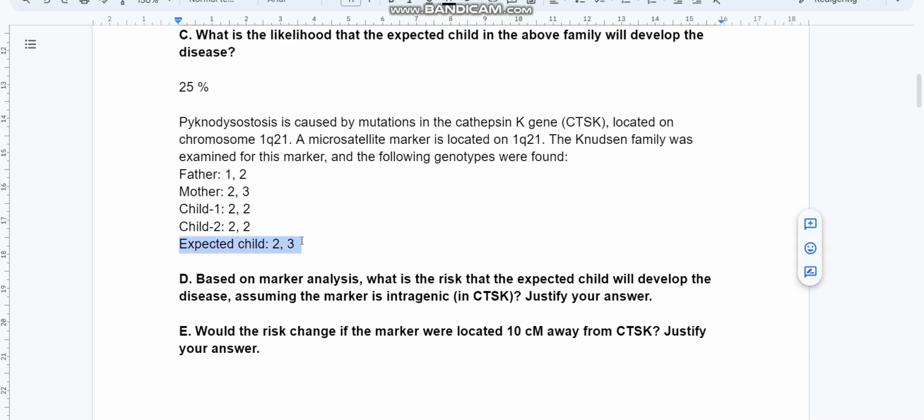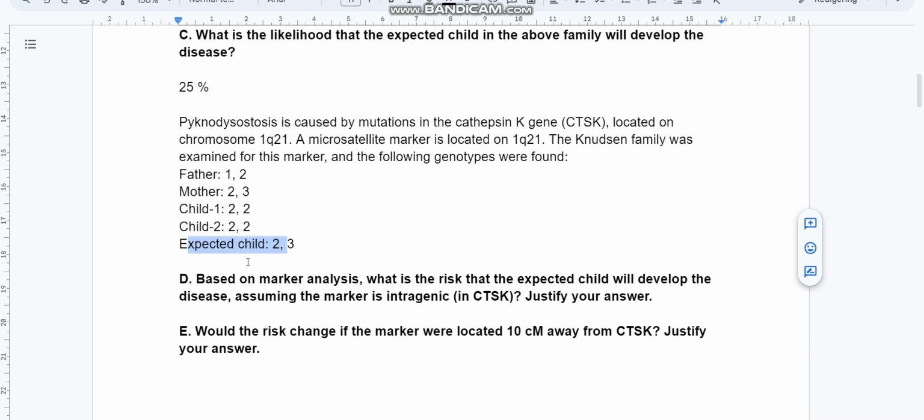But this expected child has this allele and this allele, and it would require 2 twos for them to have the expressed phenotype. So this is not sufficient for the expected child to develop the disease at all, even in the case of full penetrance. And therefore we can say that there is a 0% probability of the expected child having the disease.